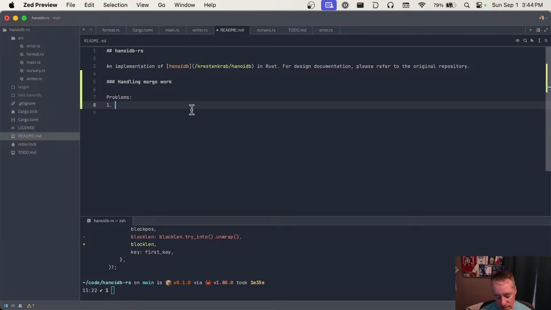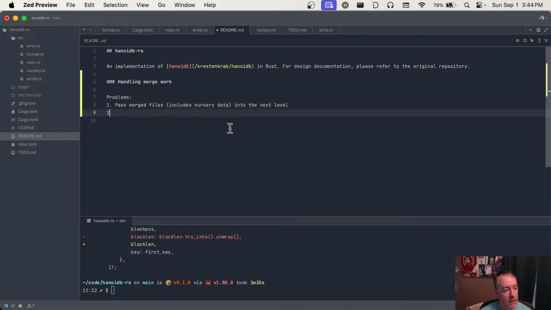So problems we need to solve. We need to pass merged files. So this includes the nursery data into the next level, right? We need to trigger incremental merge work across all levels when we reach a threshold.